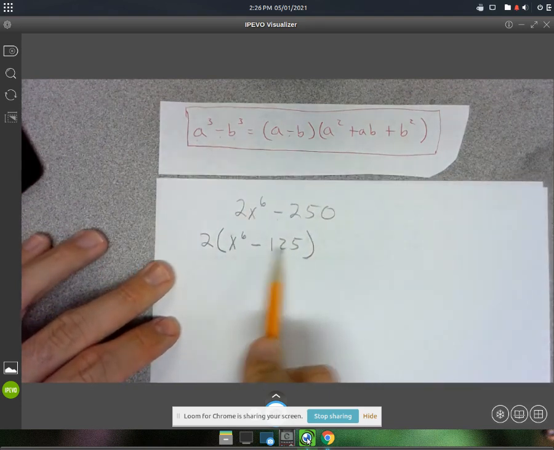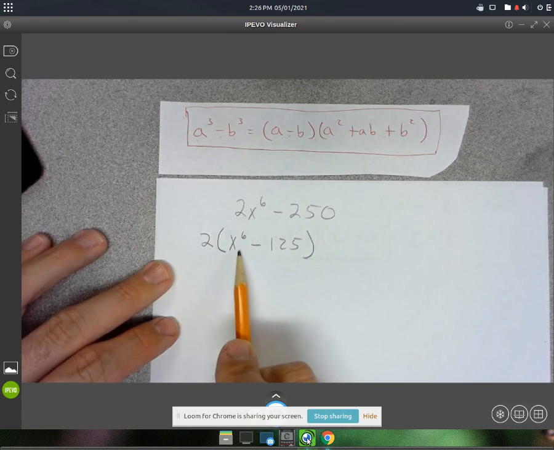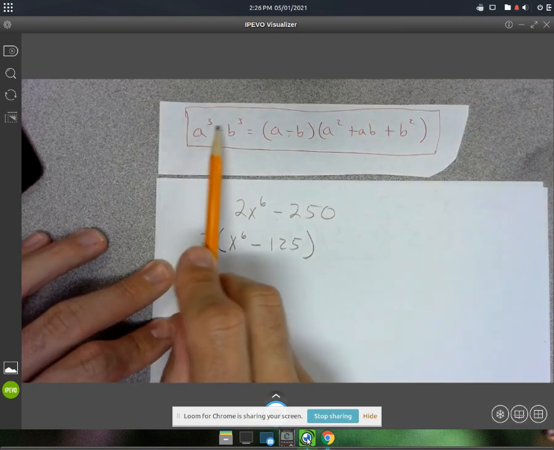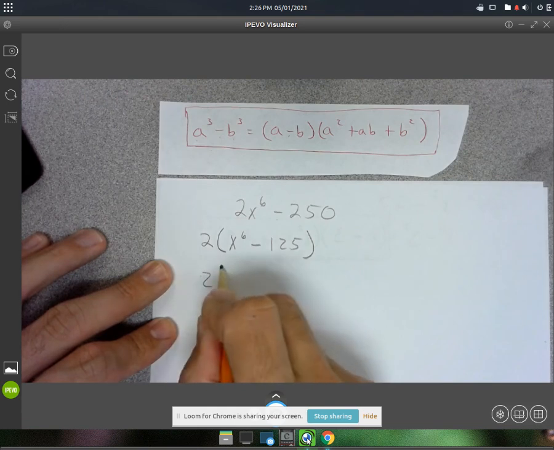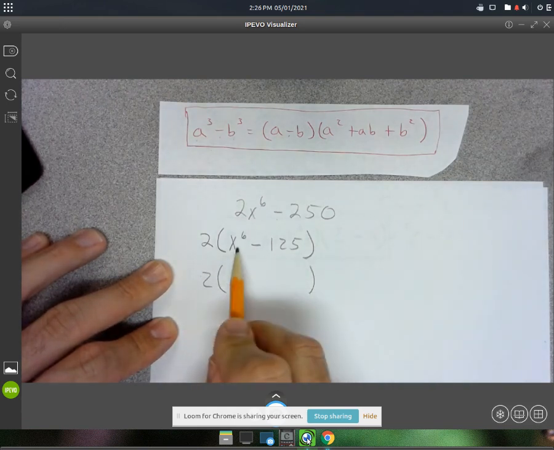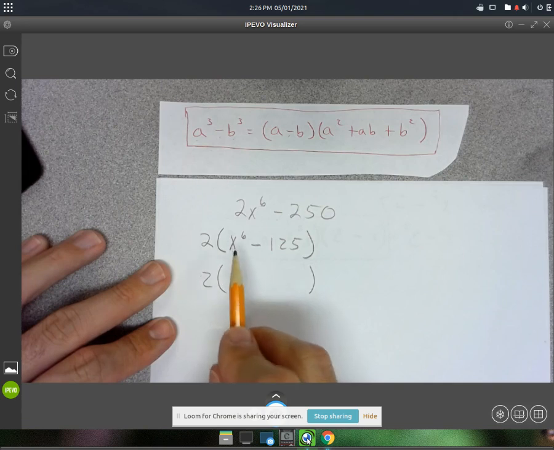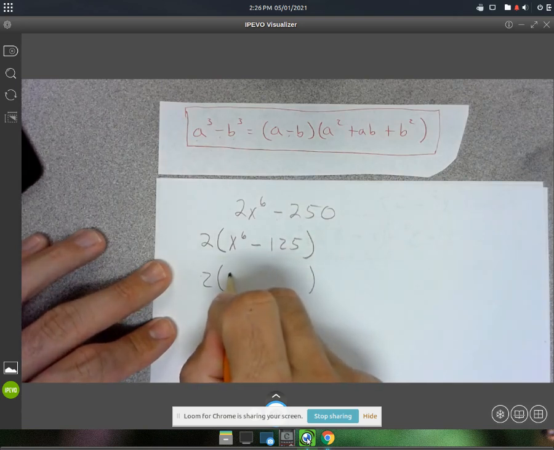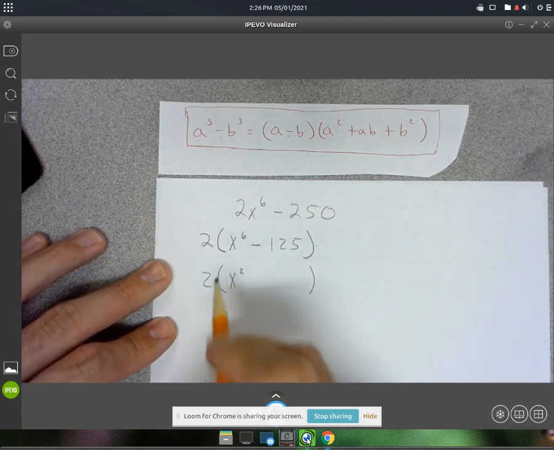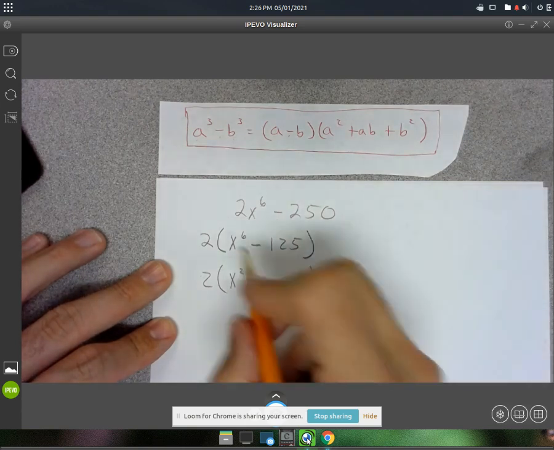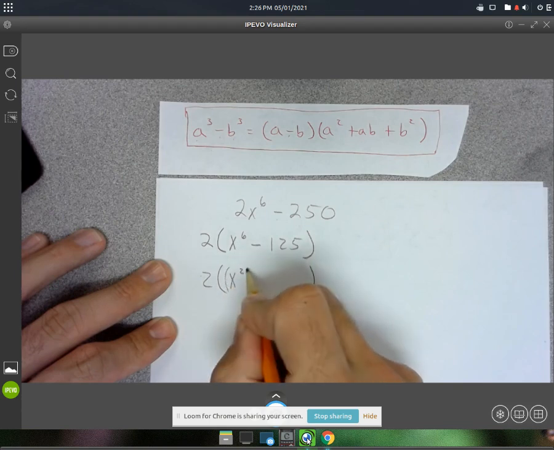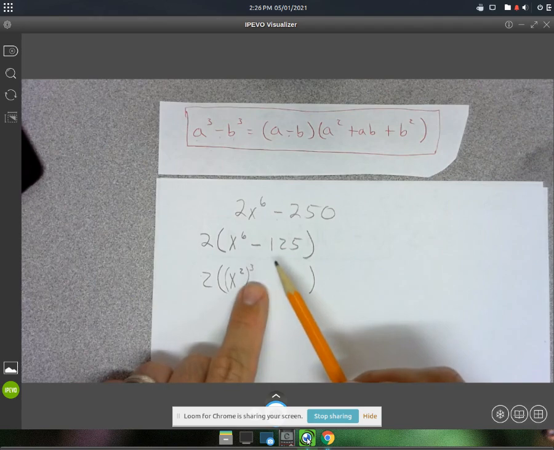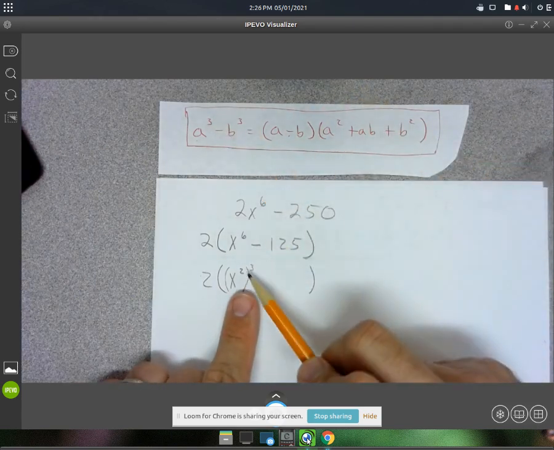So each of these terms can be expressed as something to the third power. The first one here, x to the 6th, is equal to x squared raised to the third power. If I think of x squared as that thing to the third power, now I have something to the third power.